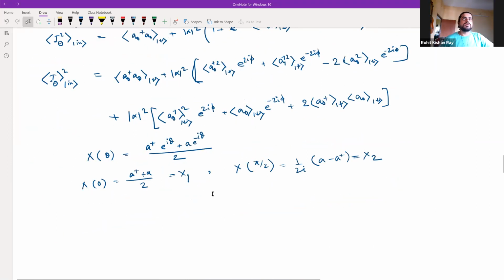We can also do this for different theta values. So for theta equals 0, you get back a dagger plus a by 2, which you can call x1. And for theta equal to pi by 2, you get back a minus a dagger by 2i, which you can call x2. And you can do calculations with it.